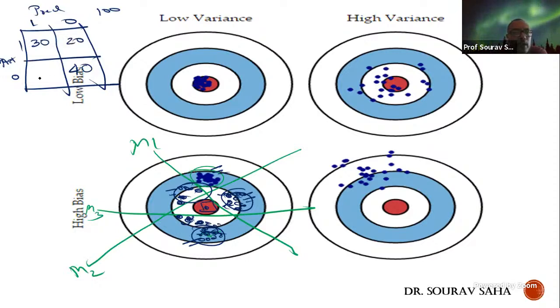Let's say 20 have come here and 10 here. In both cases the actual were 50-50, but your predictions were pretty way off. So this one is the false positive, and this one is the false negative. The problem with individual base learner models is that you try to improve on the false positive, and the false negative probably gets impacted, and vice versa.